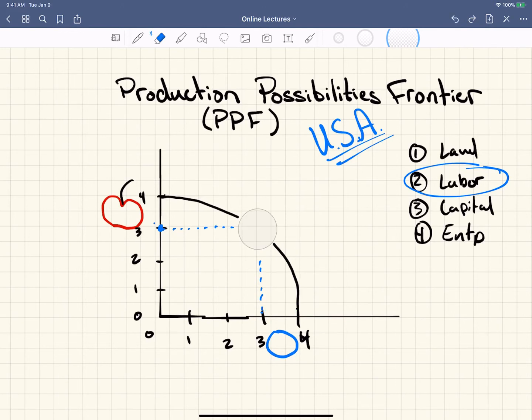If you're just moving from, say, here to here, there's an increase of cherries and just a moderate loss of blueberries, right? But the farther you slide up the curve to where you're producing exclusively cherries, the more blueberries it costs you. And the same is true going this direction. This is because of the specialization.